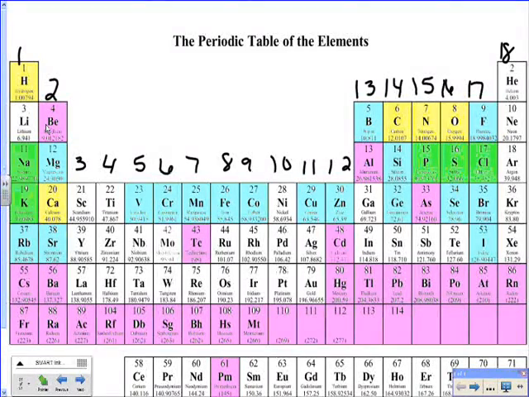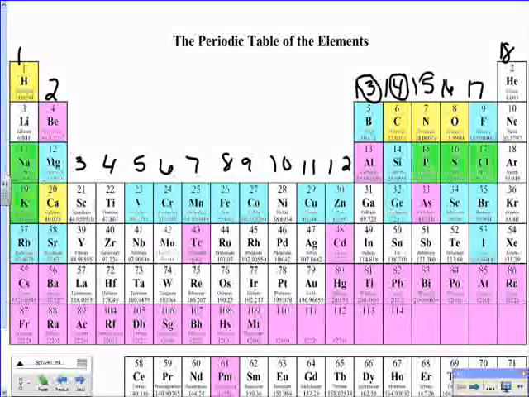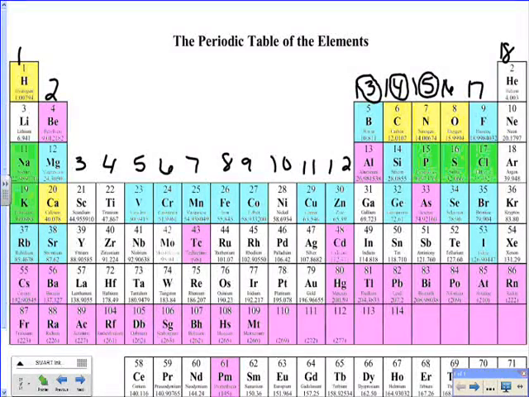Now, the only tricky thing about this type of numbering is you have to remember over here that you're just looking at the second number. So for boron's column, there's only 3 valence electrons. For carbon's column, there's 4 valence electrons. Nitrogen's column, there's 5 valence electrons.